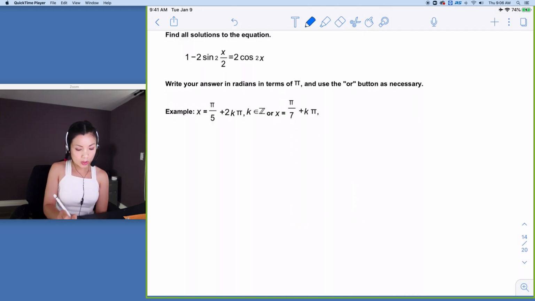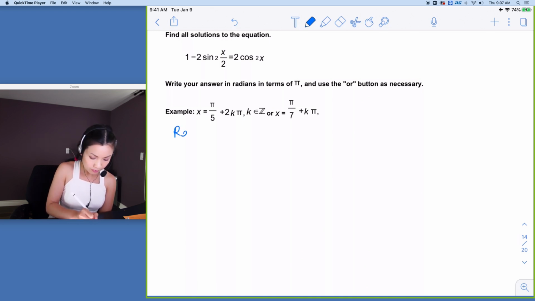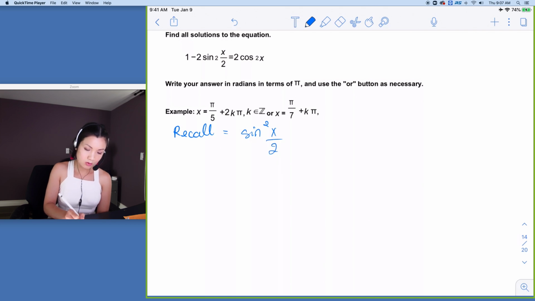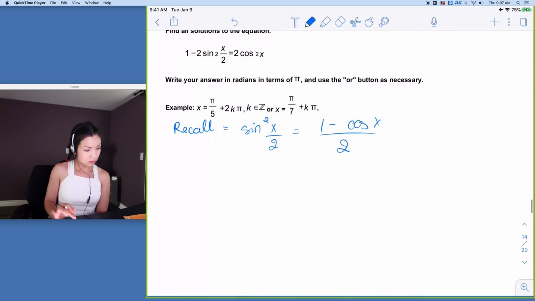Okay, so for number 23, you see that we have a half angle here and an angle here. That's not good. So we should change it, and recall sine square of x over 2 is going to be 1 minus cosine of x over 2. So what do we have here?